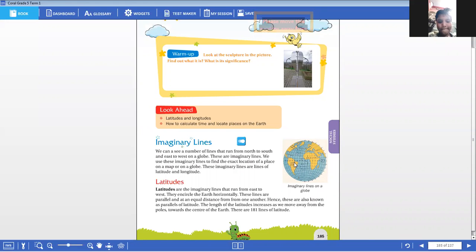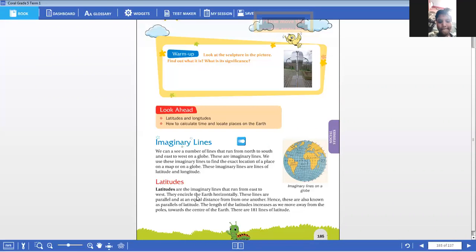We made them for easy identification of places. These latitudes run from east to west. They are horizontal.